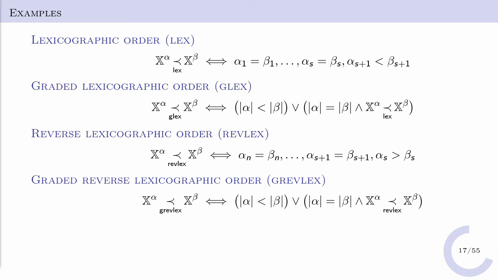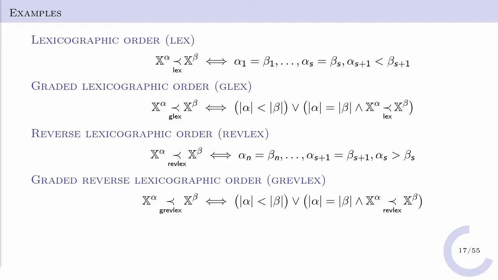The second order is graded lexicographical order, abbreviated to GLEX, or the alternative name is degree lexicographical order, abbreviated to DEGLEX, and both these names refer to the same order. Here we first look at the total degree of both monomials. So here, by absolute value of alpha and absolute value of beta, we understand the sum of all alphas, alpha 1 plus alpha 2 plus alpha 3, and so on, plus alpha n, and the same for beta.